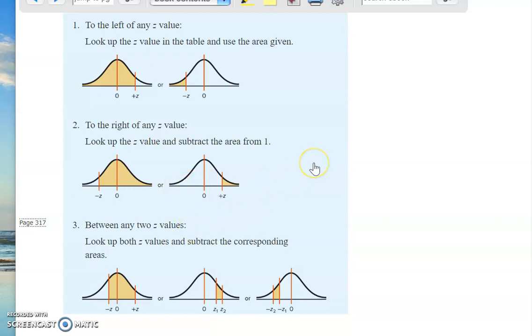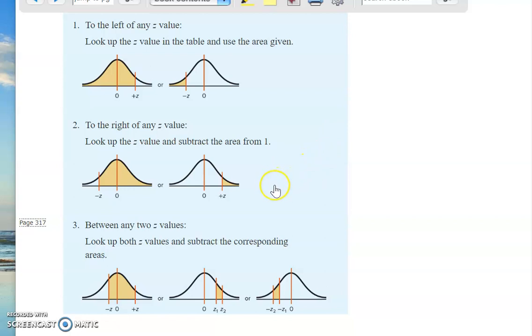Because remember, this standard normal distribution is also a probability distribution. We'll learn that in just a minute, but I'll tell you in advance: it's a probability distribution, and therefore the entire area under that curve adds up to 1. So if you want this area right here, you find the area to the left and you subtract it from 1.